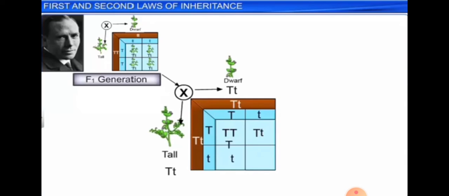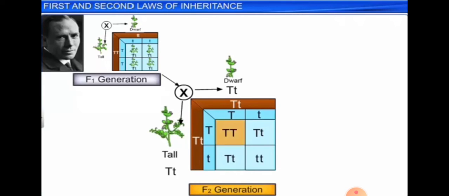Similarly, pollen grains of the genotype small t have a 50% chance of pollinating eggs of genotype capital T as well as small t during fertilization.